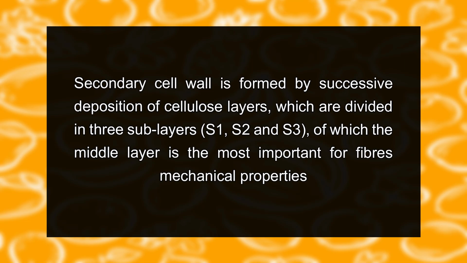The secondary cell wall is formed by successive deposition of cellulose layers which are divided in the three sublayers, that is S1, S2 and S3, of which the middle layer is the most important for fibers' mechanical properties. It consists of helically arranged microfibrils.